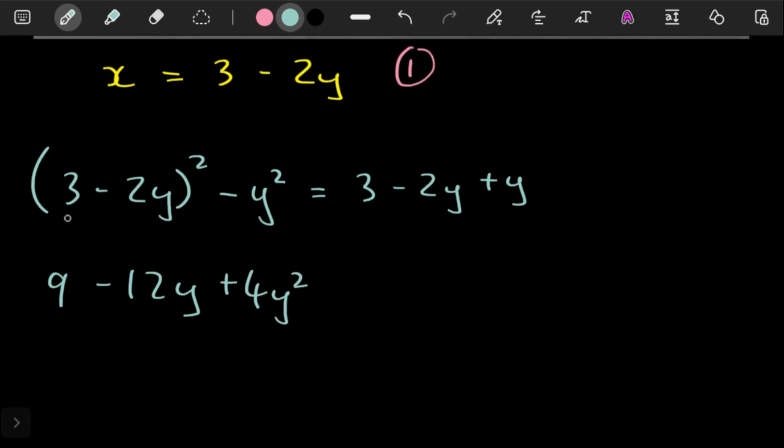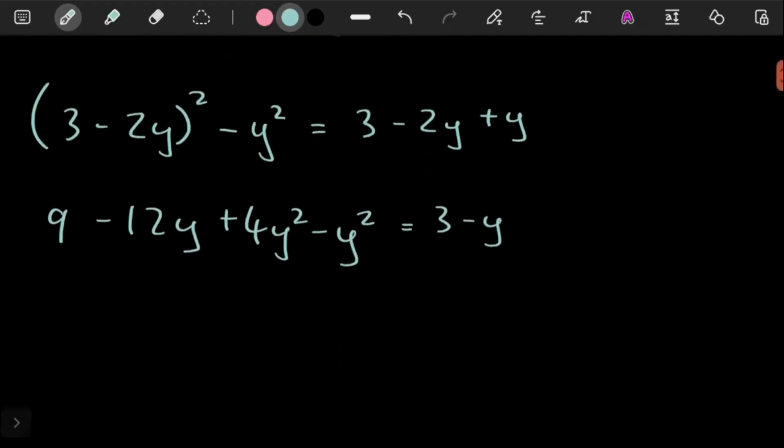If you multiply out this bracket, remember you're going to have 2 brackets that look like this. And then you're going to have -y squared here. -2 plus 1, that's going to give you a -y. And then 4 minus 1, that's a 3.